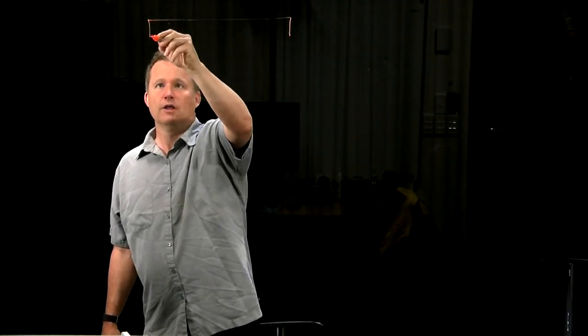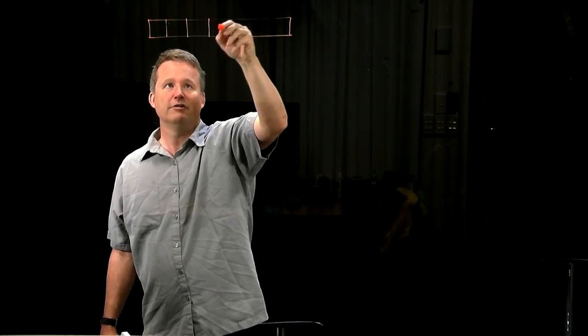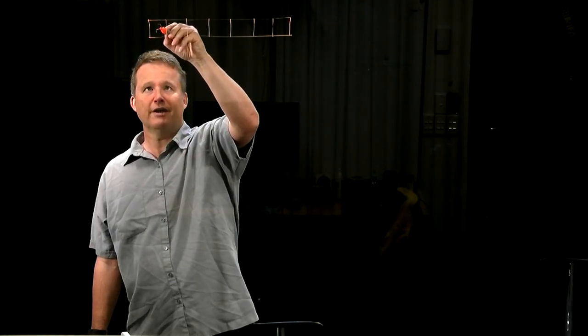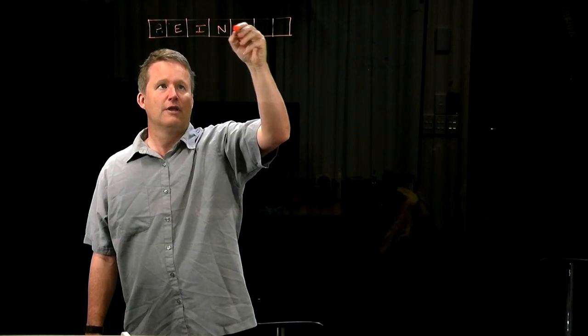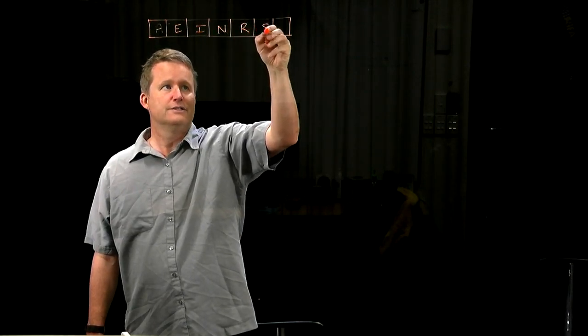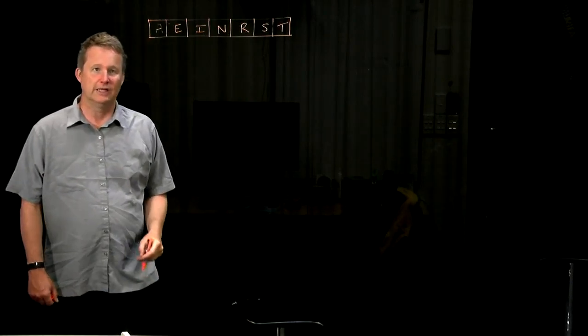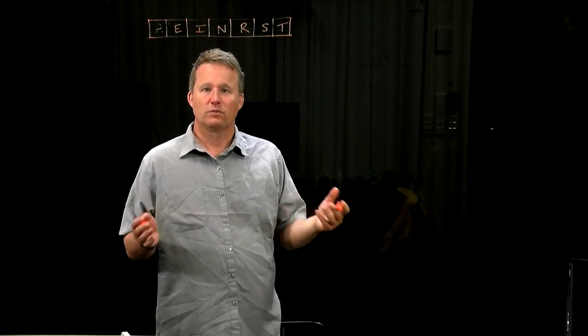Now, there's quite a nice relationship between binary search in a sorted list and a specific type of tree. So suppose I have a sorted list. I'm going to use some letters here, which probably means something to you if you've played Scrabble. That's my sorted list.